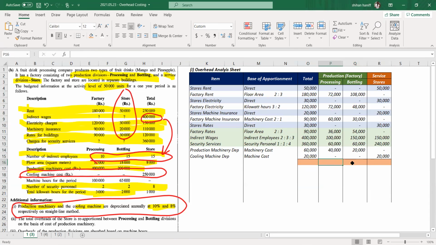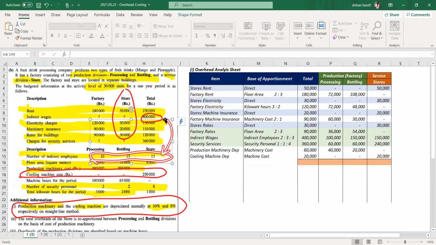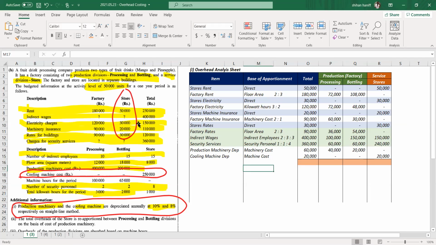What is the total processing, total bottling, and total stores? We need the total values.